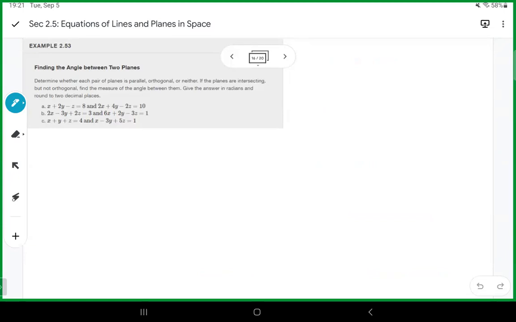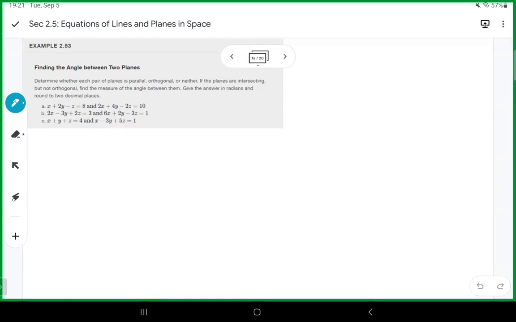Okay, so determine whether each pair of planes are parallel, orthogonal, or neither. If the planes are intersecting but not orthogonal, find the measure of the angle between them. Give the answer in radians and round to 2 decimal places. So the first one, they are actually scalar multiples of each other.